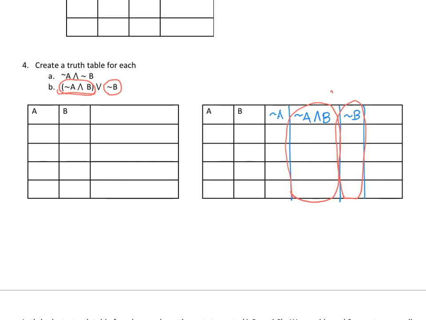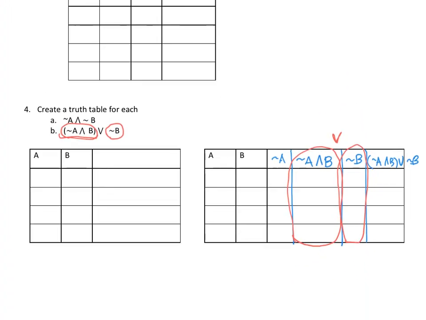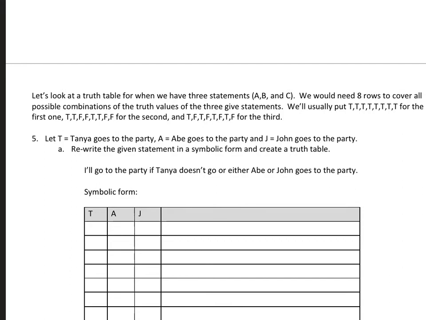It's basically this column or this column. So that's my final answer: negation of A and B, or not B. So I'm going to have you finish the rest of 3 and 4 and we'll meet back at number 5.